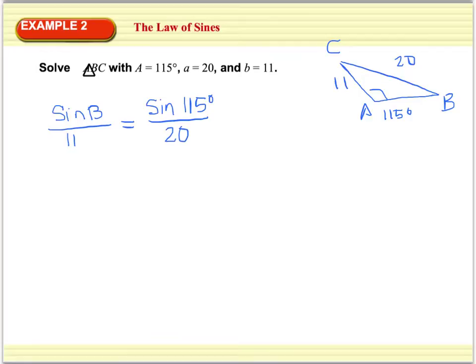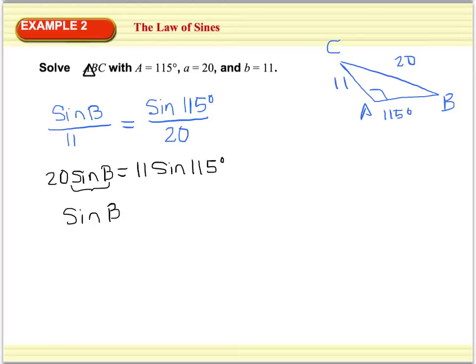So when we cross multiply, we get 20 times the sine of B is equal to 11 times the sine of 115 degrees. To get the sine of B by itself, we have to divide everything by 20.